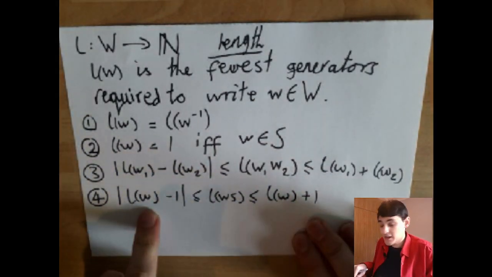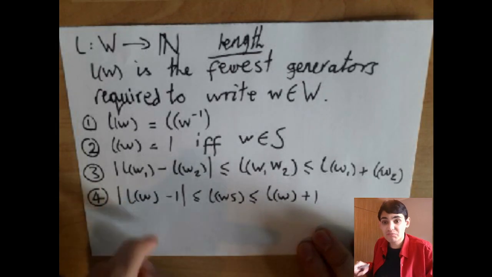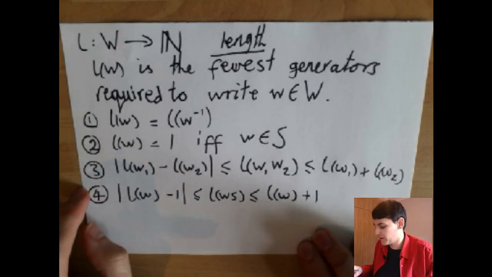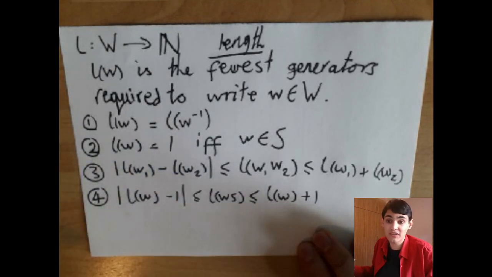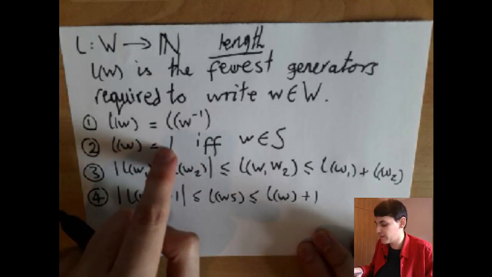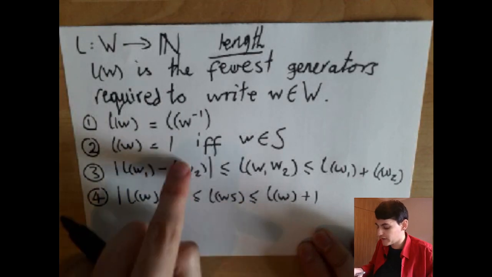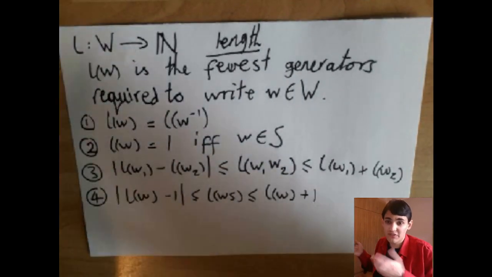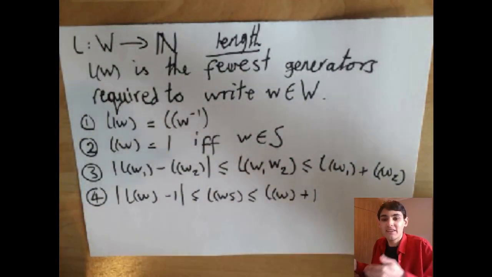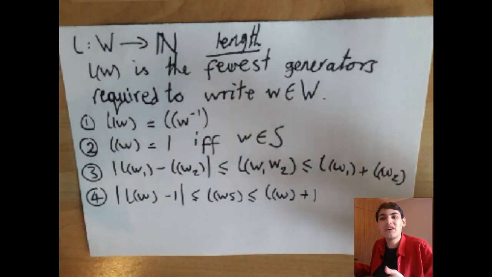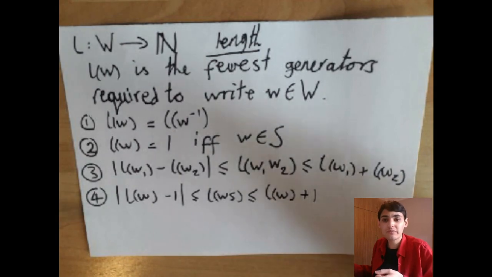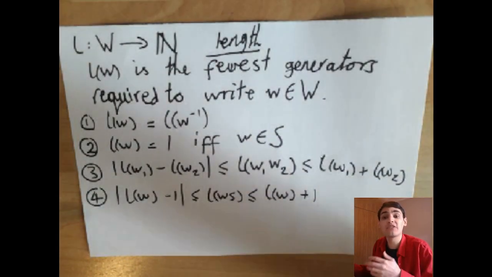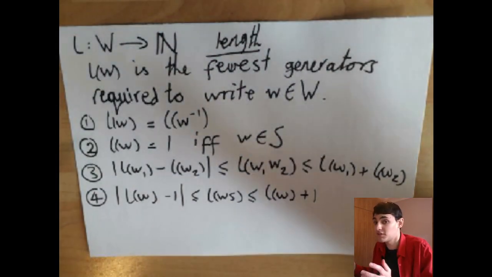Number 4 is actually just a special case of number 3, where we change W2 to be a generator. Because we know generators have length 1, you just change things around basically. These are nice properties about the length function that become useful later on when we do calculations with it.